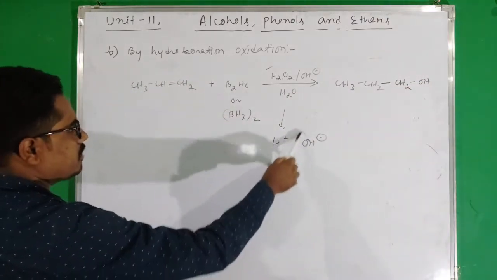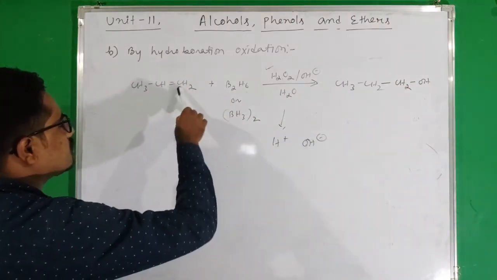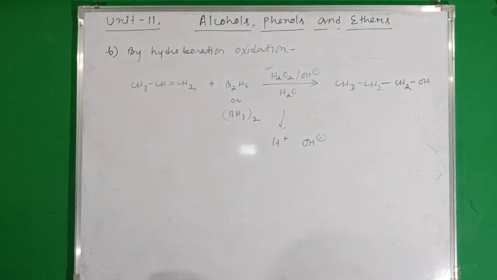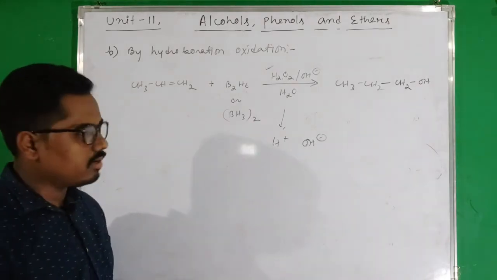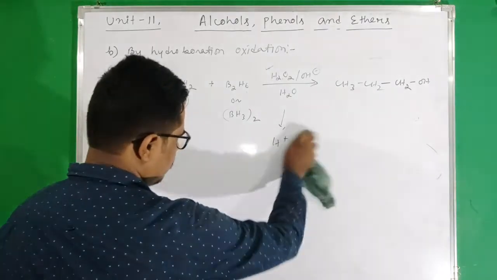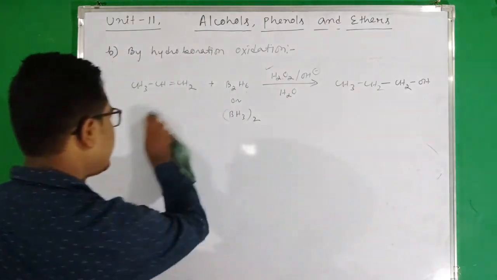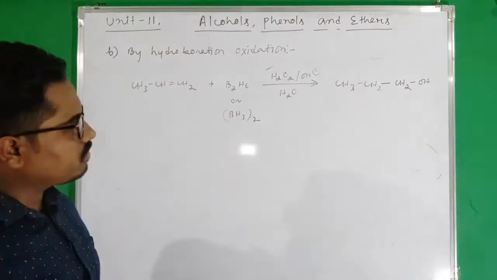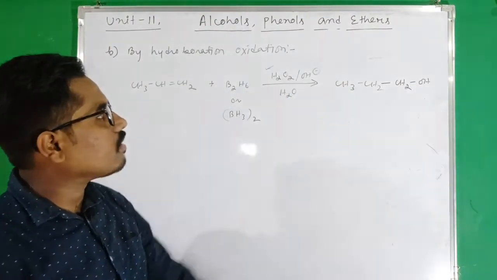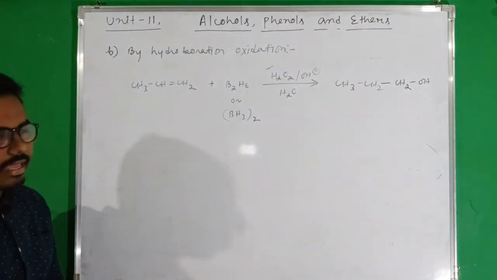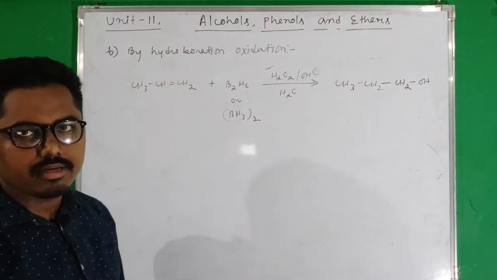That means OH negative will attach to this carbon. So we have seen that in the earlier reaction Markovnikov rule was followed, and in this reaction due to presence of hydrogen peroxide anti-Markovnikov addition is followed.